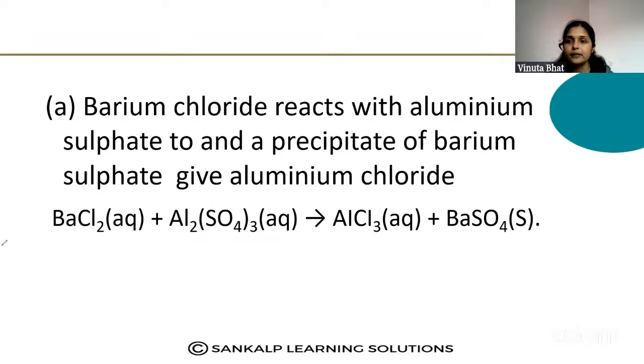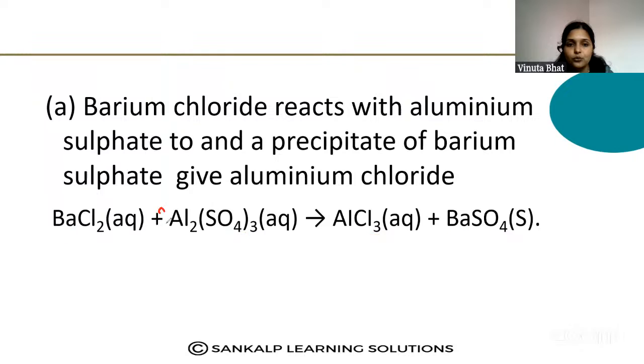So how can we write the balanced chemical reaction? Here barium chloride, barium is the same, but chlorine is 2 here, and here chlorine is 3. Aluminium is 2 here, and here aluminium is only 1, and sulfate SO4, here SO4 thrice, right? So we have to balance this reaction.